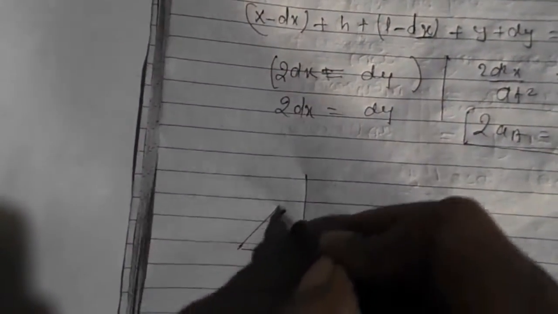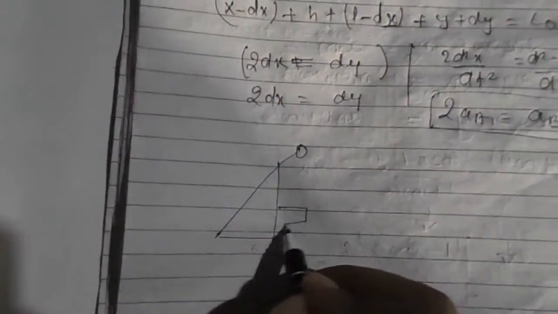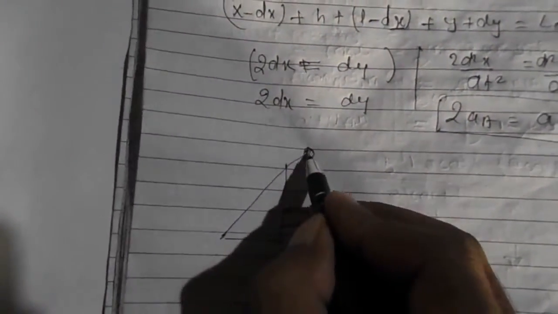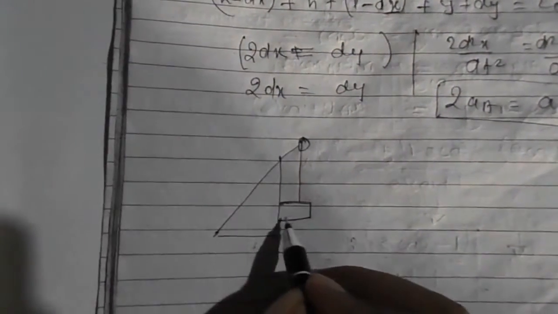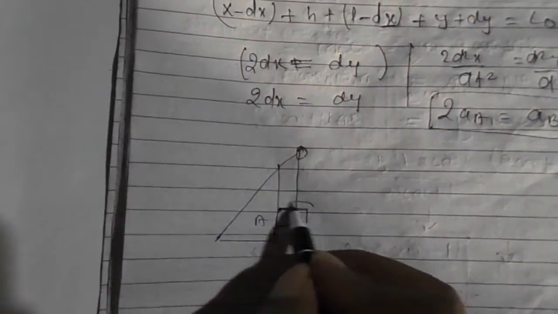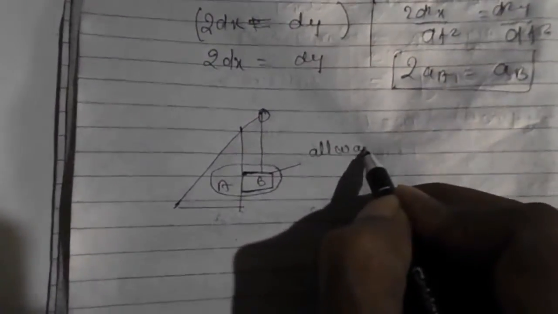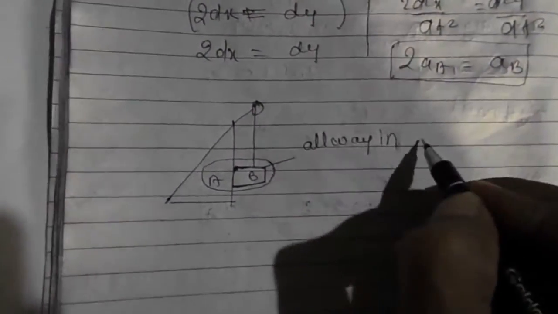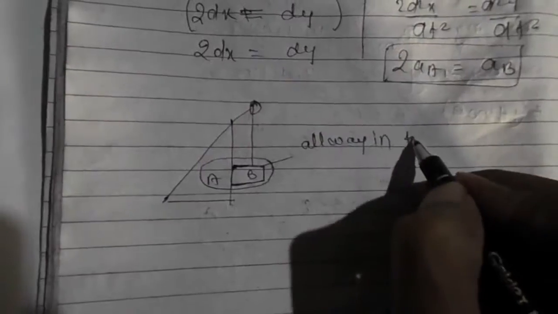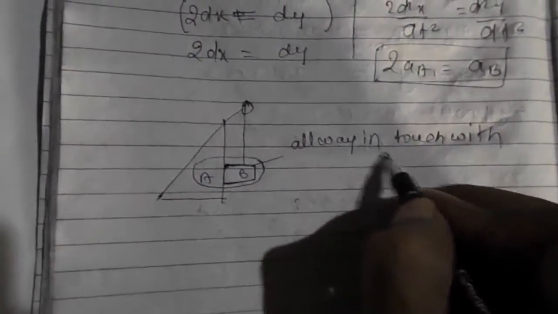So let's think, what is going to happen is that A and B are always in touch with each other.